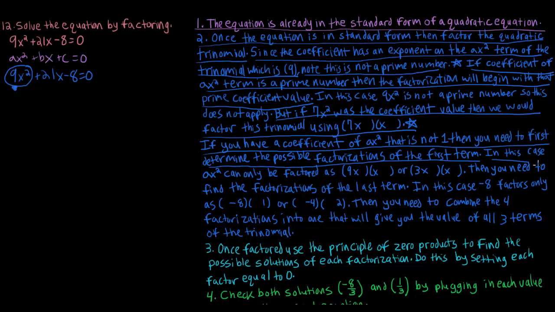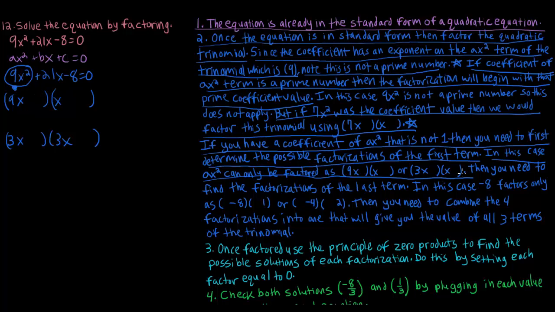In this case, 9x squared can only be factored as 9x times x, or 3x times 3x. That's the factorization of the first term, 9x squared.